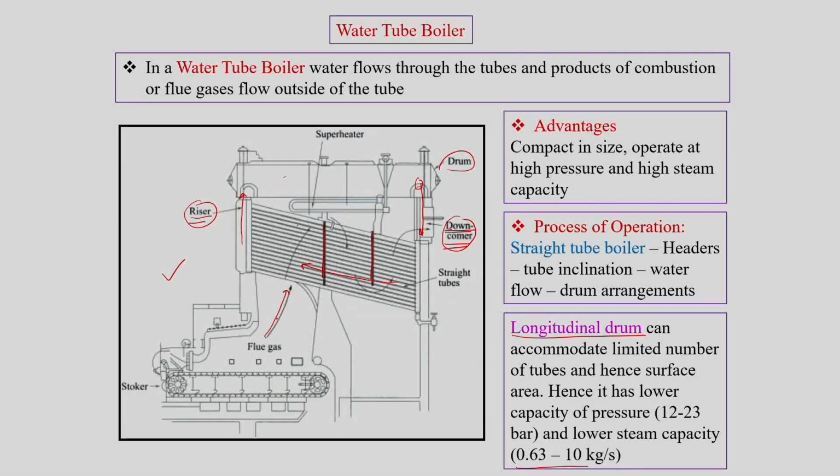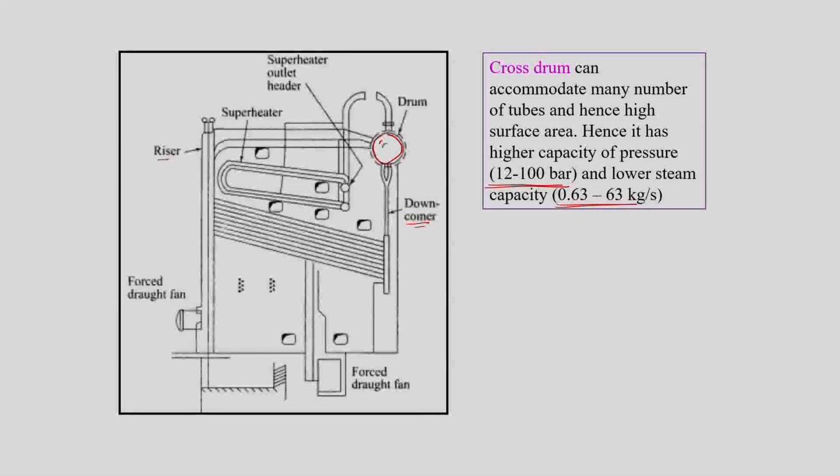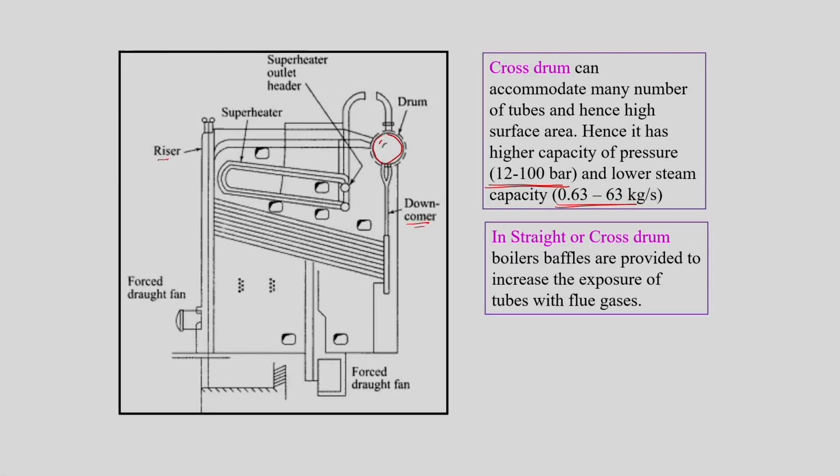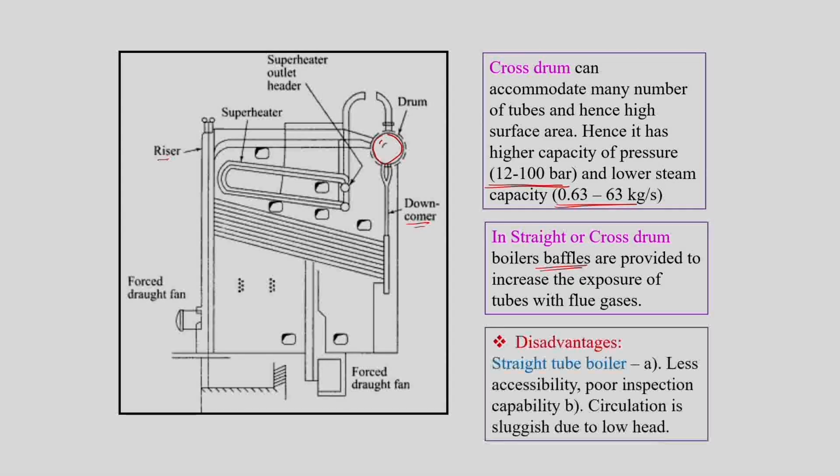They will guide the path of the flue gas such that its heat can be maximally utilized, and most of it should be given to the water, and it should increase the temperature of water or steam such that the necessary enthalpy at a given pressure and temperature is delivered by the boiler. So, there is always a provision of baffles to guide the exhaust gas or flue gas. A disadvantage of the straight boiler is that it can accommodate fewer tubes.